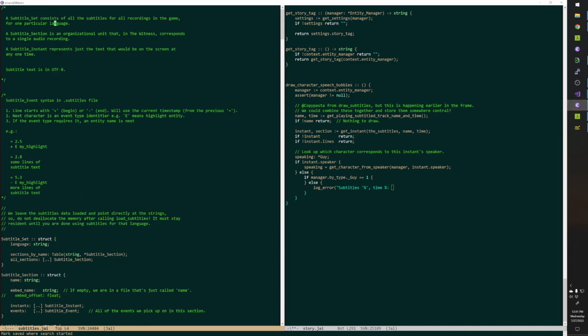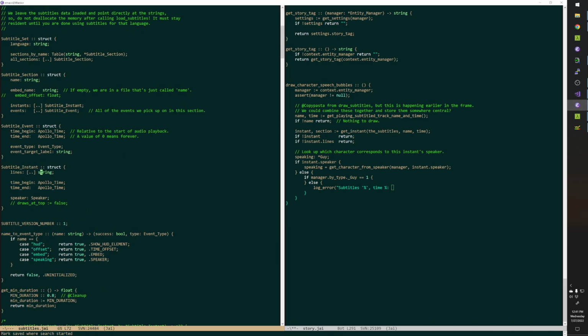So the instance, how do we identify the instance in the error message? It's got a time begin. No speaker was specified, so we'd like to default, but there are guy entities in the level. So we don't know which guy entity is speaking. So name, instance.begin time, managed by type.guy.count.